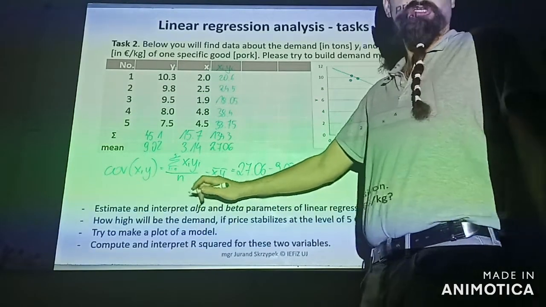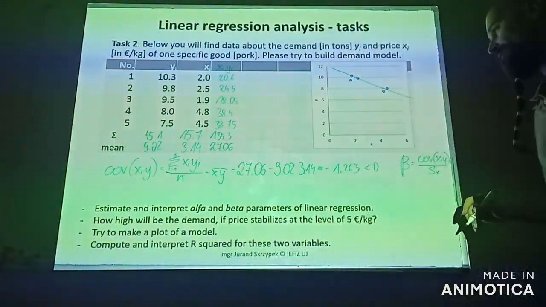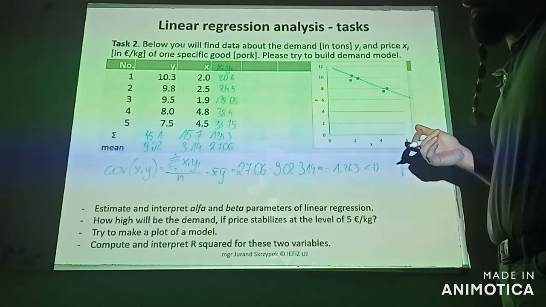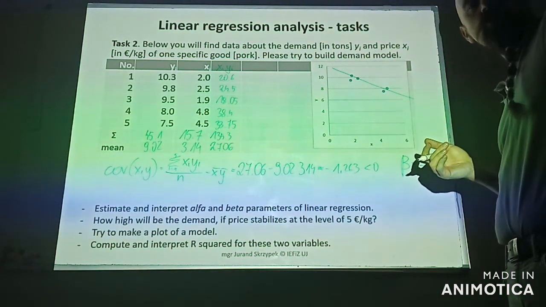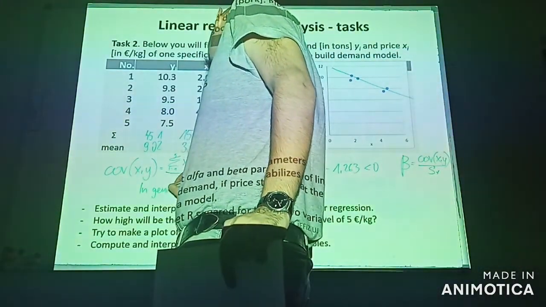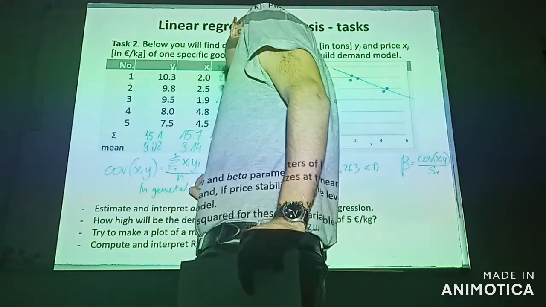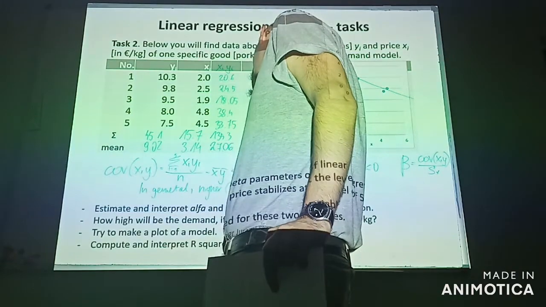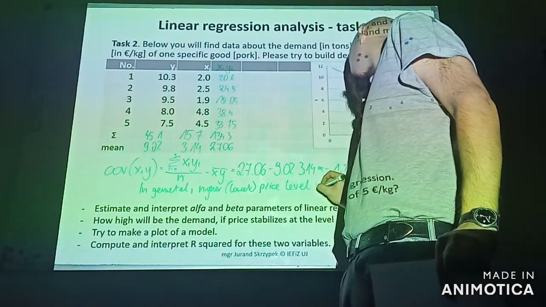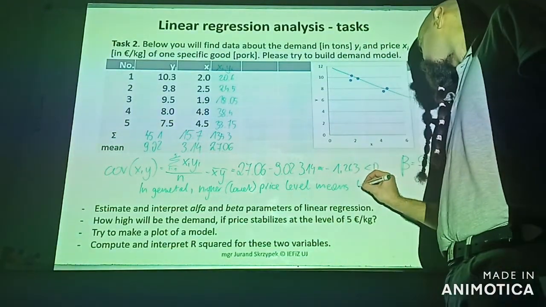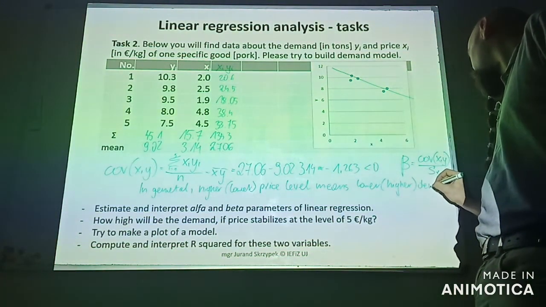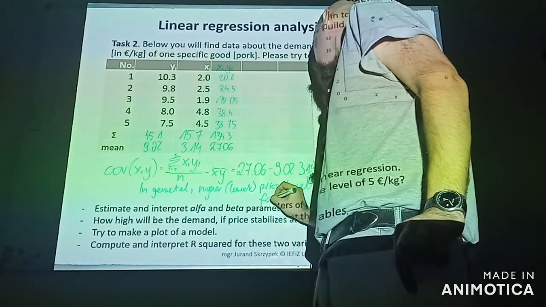So it means that in general, higher (in brackets, lower) price level means lower (in brackets, higher) demand for pork.